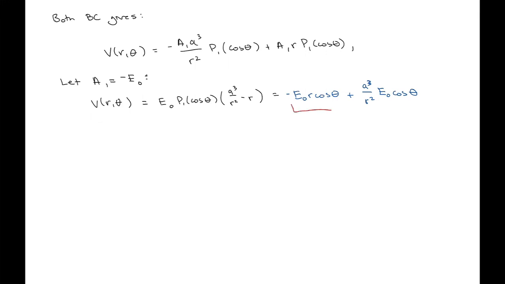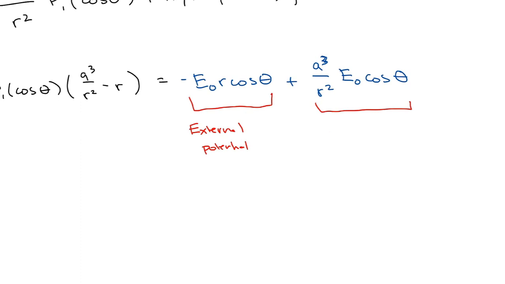Second thing, notice this is the external potential that we defined. All we have to do is superimpose on that external potential some induced potential, which is induced by the polarization of our conducting sphere. I think that's pretty cool.